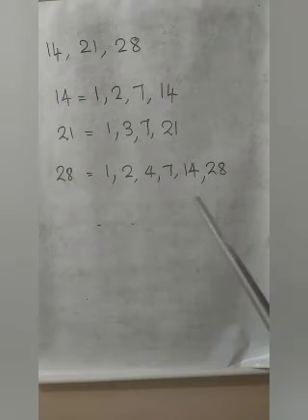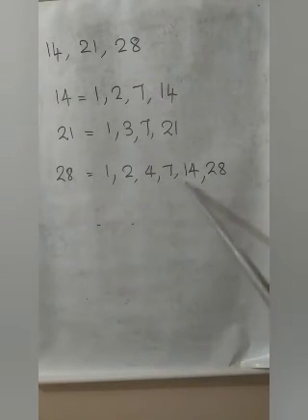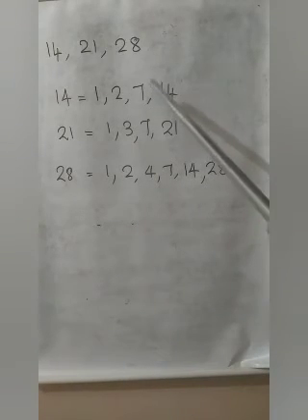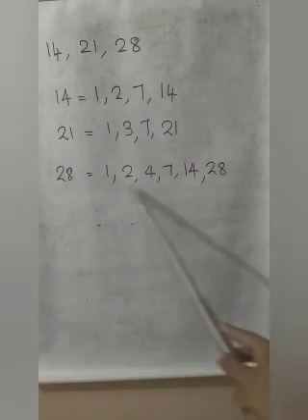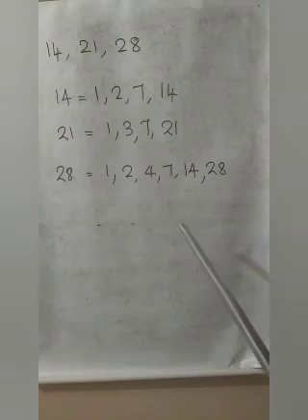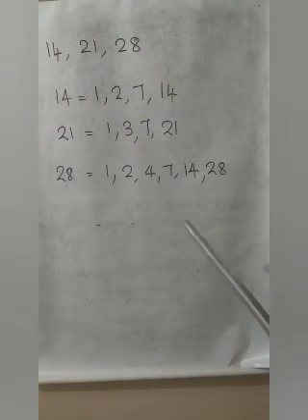For example, if you do not write the factor 7 in the list of 28, your whole answer will be wrong, because you have 7 here and 7 here. If you do not write 7 here, you will have no common factor 7, so you will not include 7 in your common factors. If you miss out any of the factors, your HCF will be wrong.